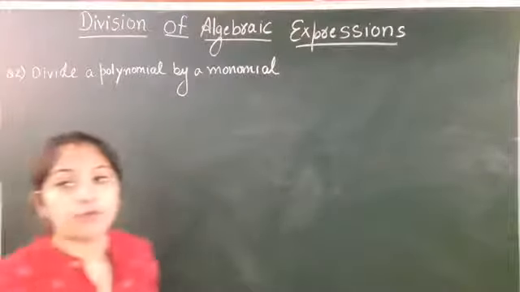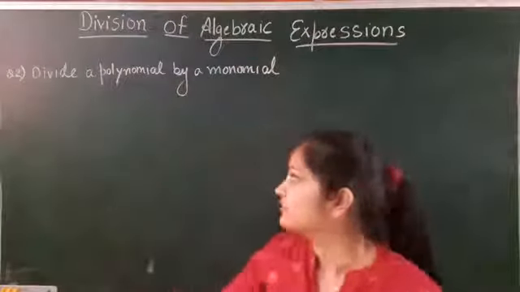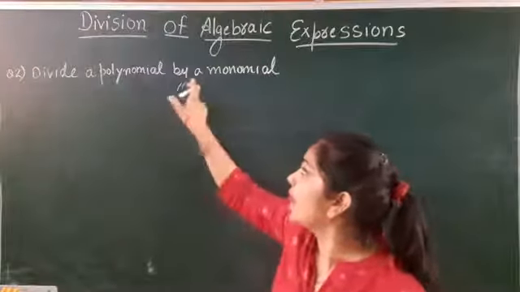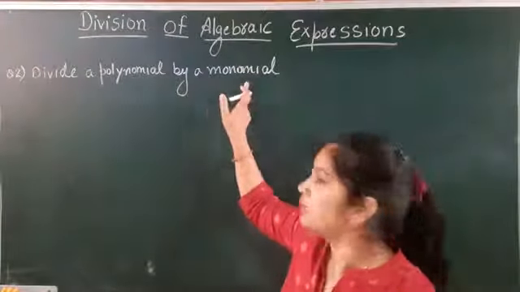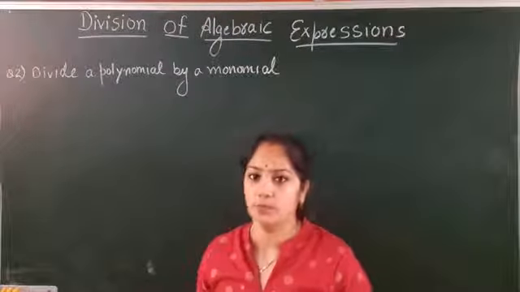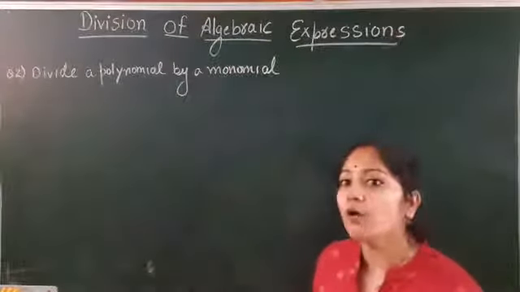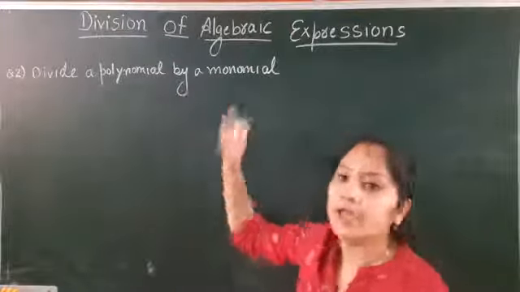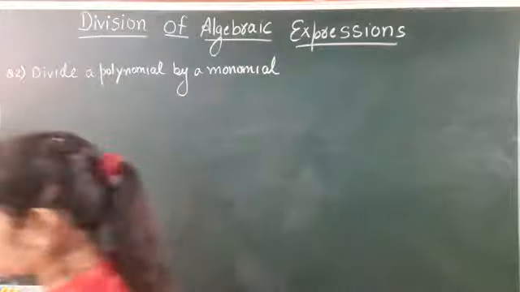Now we will learn how we can divide a polynomial by a monomial. We earlier discussed how to divide a monomial by a monomial. Now we will discuss how to divide a polynomial by a monomial. So let us take examples.